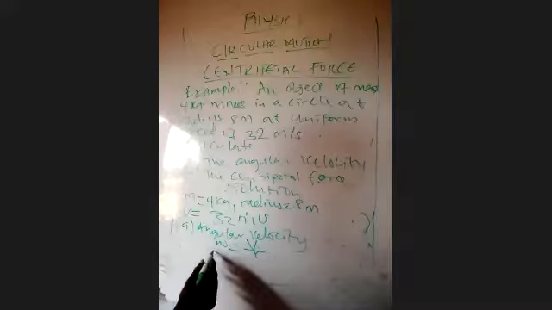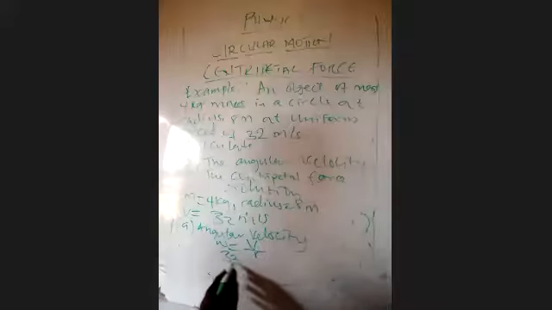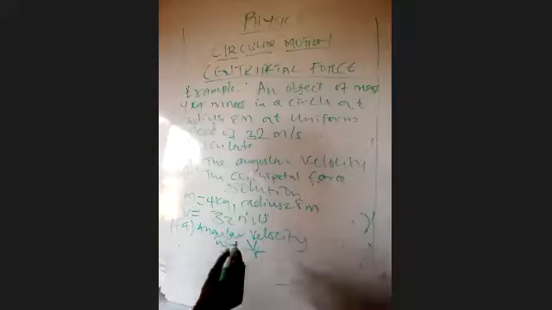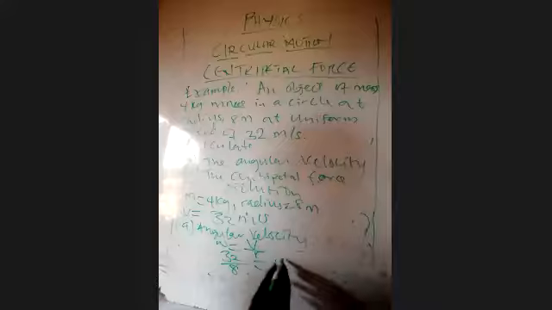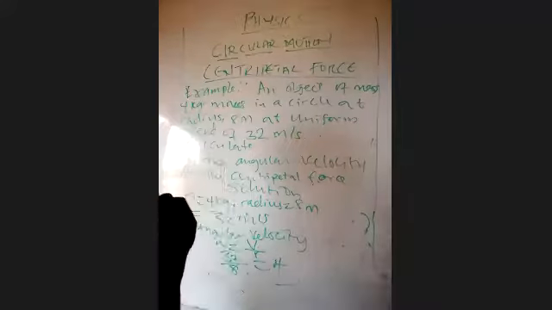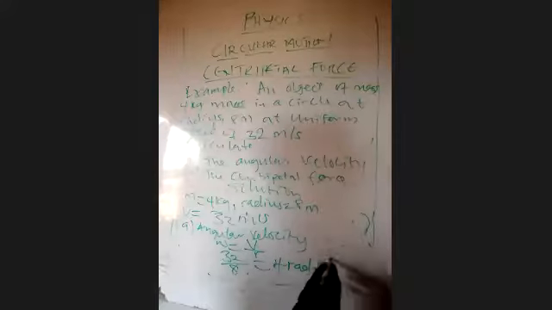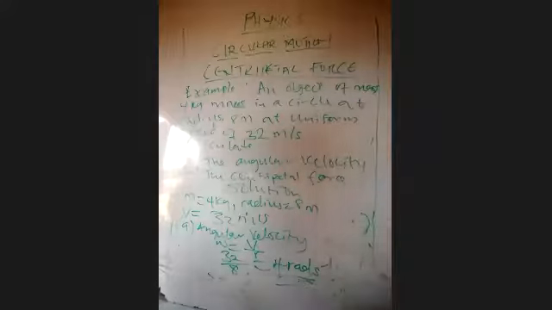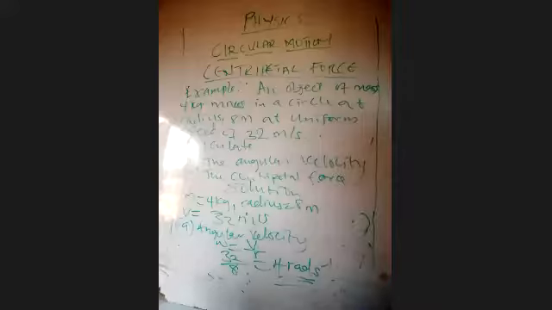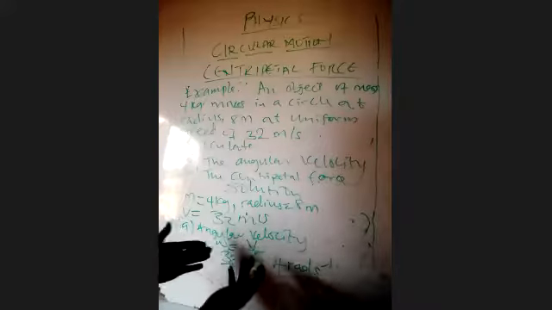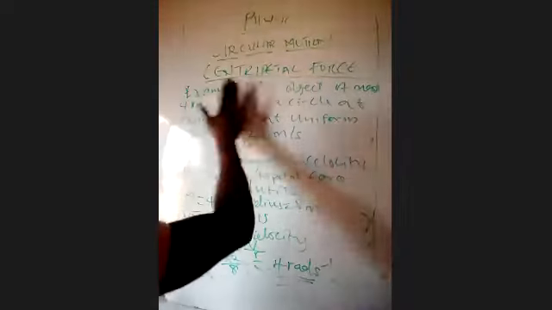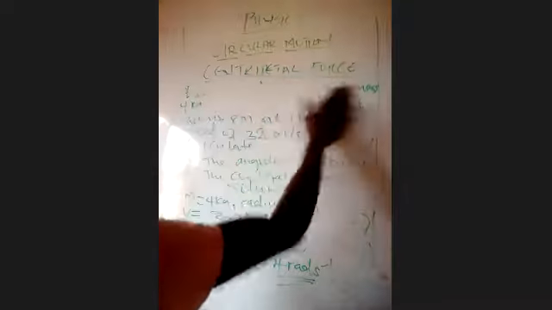That will be 32 all over radius 8. The unit of the angular velocity is rad per second. Because angular velocity is velocity all over radius, and both are given, we get the solution of the angular velocity.